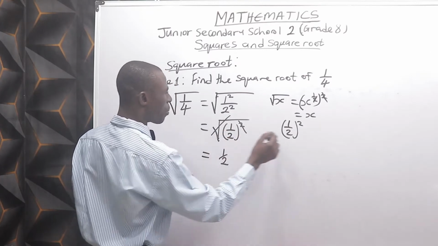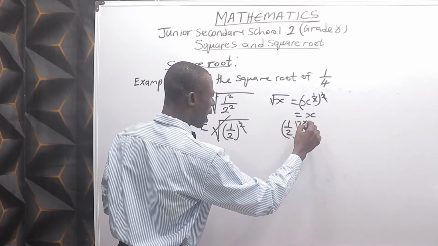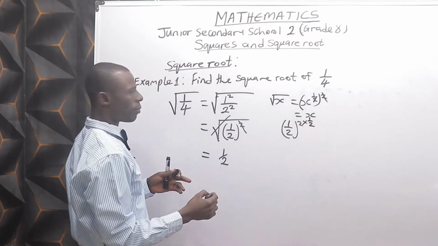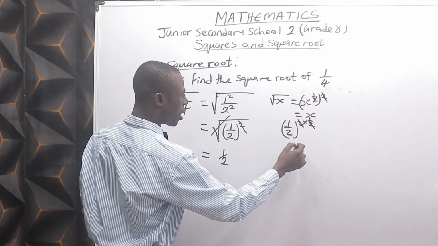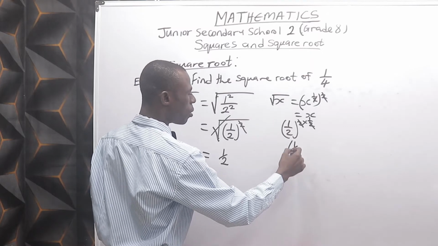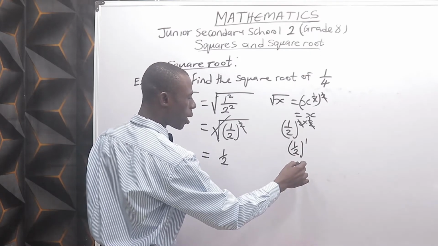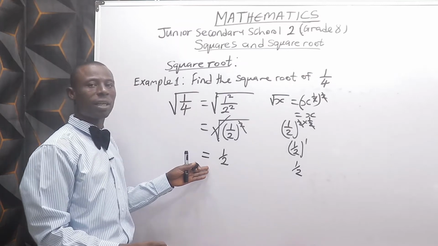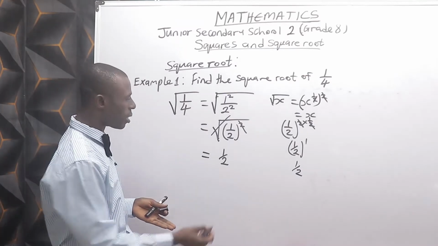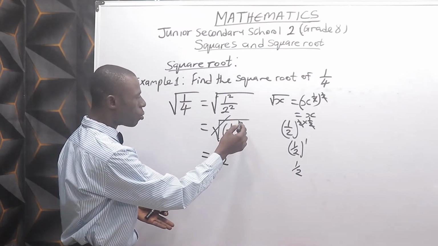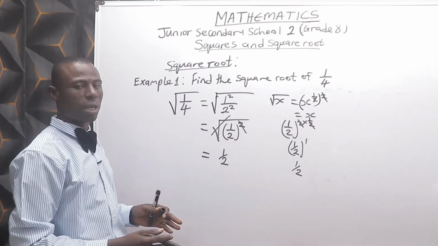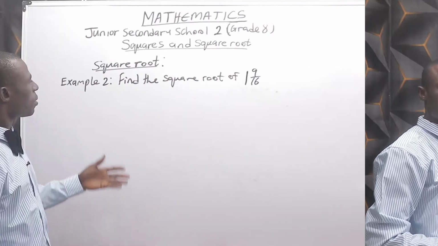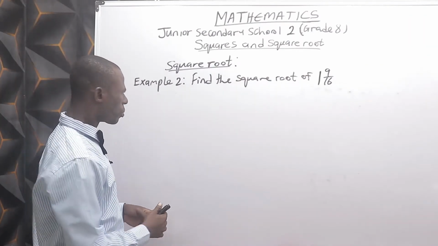The square root sign means times half. So these 2 will cut these 2, leaving behind 1 over 2 raised to power 1, which is 1 over 2. And that is the rationale behind it. But wherever you see it, this 2 is capable of cancelling the square root sign. So that is it.